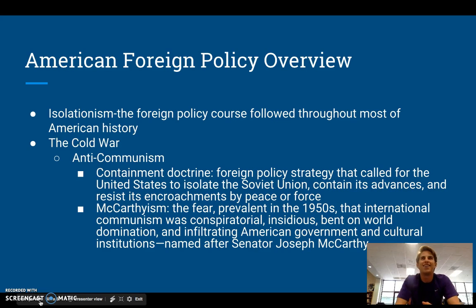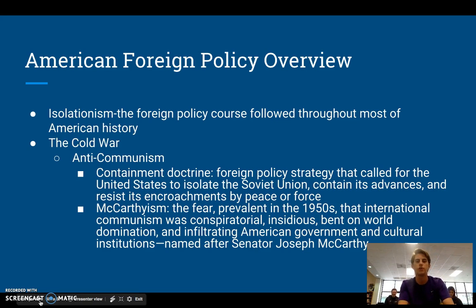So, an overview of American foreign policy: a term called isolationism is the foreign policy course followed throughout most of American history. To go over that a little bit, in the Cold War we expressed our opinions on anti-communism, and we established the containment doctrine, the foreign policy strategy that called for the United States to isolate the Soviet Union.